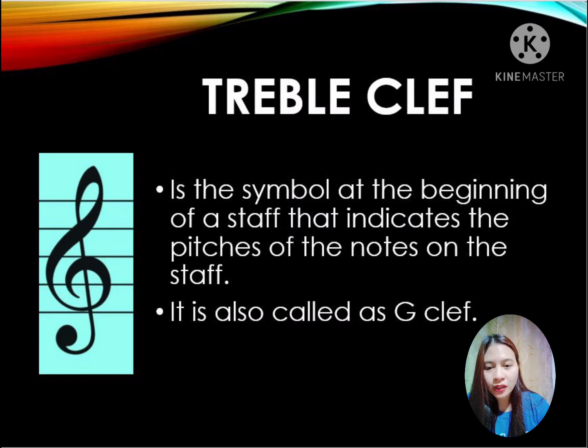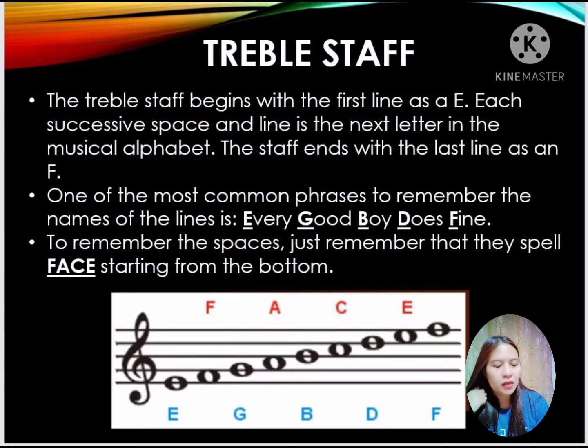The treble clef can be found in the treble staff. The treble staff begins with the first line as an E. Each successive space and line is the next letter in the musical alphabet. The staff ends with the last line as an F. One of the most common phrases to remember the names of the lines is "Every good boy does fine."